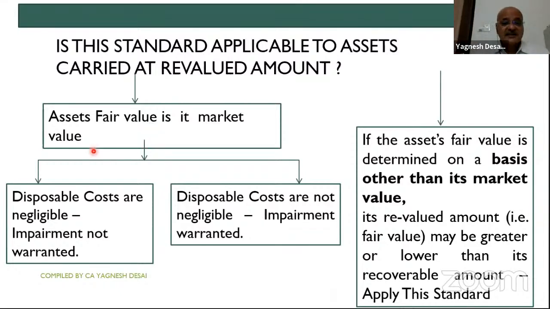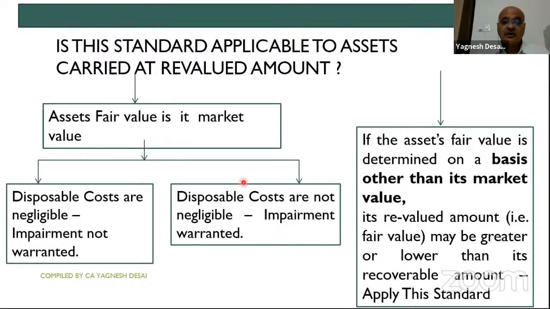So if the asset is valued at the market value and the disposal cost is negligible, why? Because we have seen that fair value less cost to sell. If the disposal costs are negligible, then the impairment test is not required for the assets which are being carried at the revalued amount. All right.